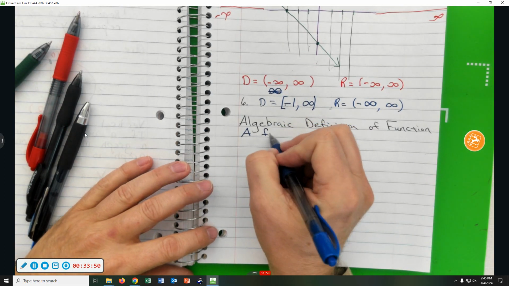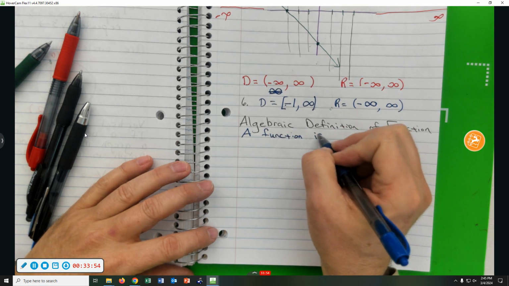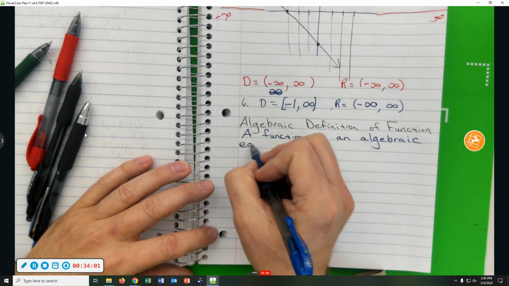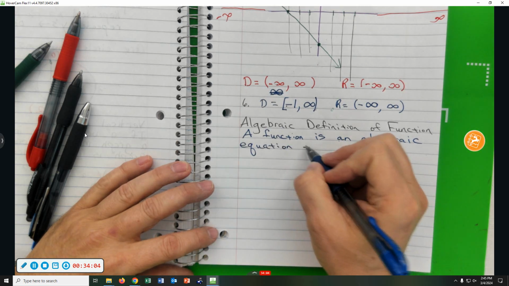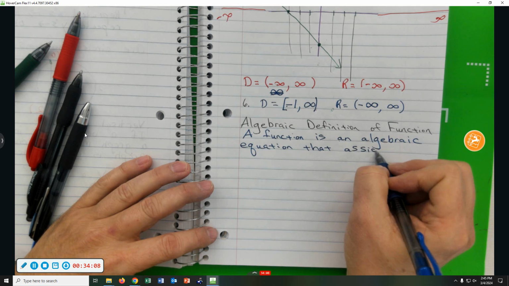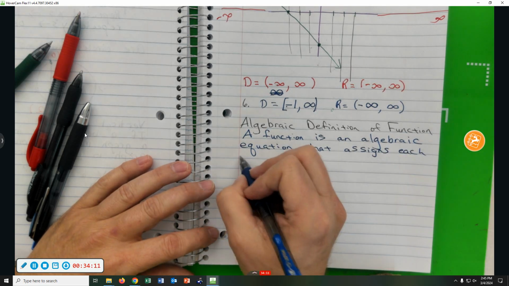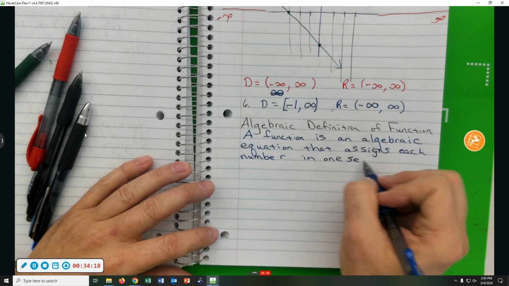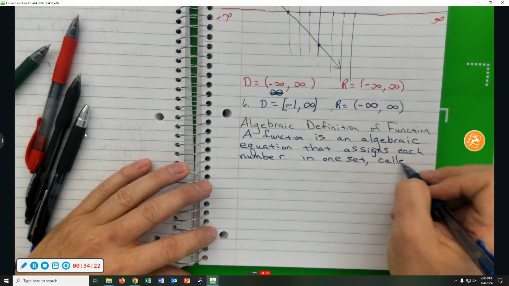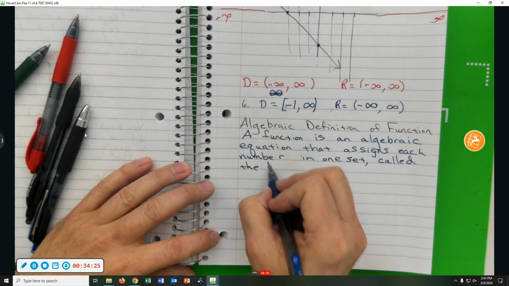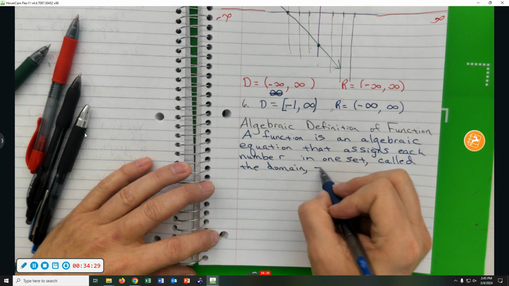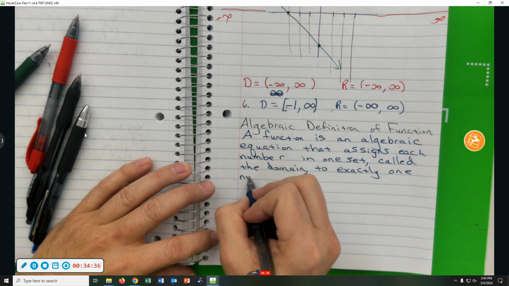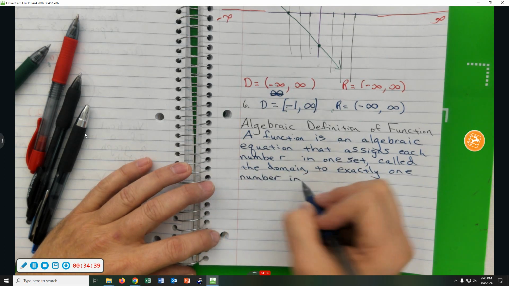A function is an algebraic equation, the equation has an equal sign that assigns each number in one set, and this one set is called the domain, to exactly one number in another set.